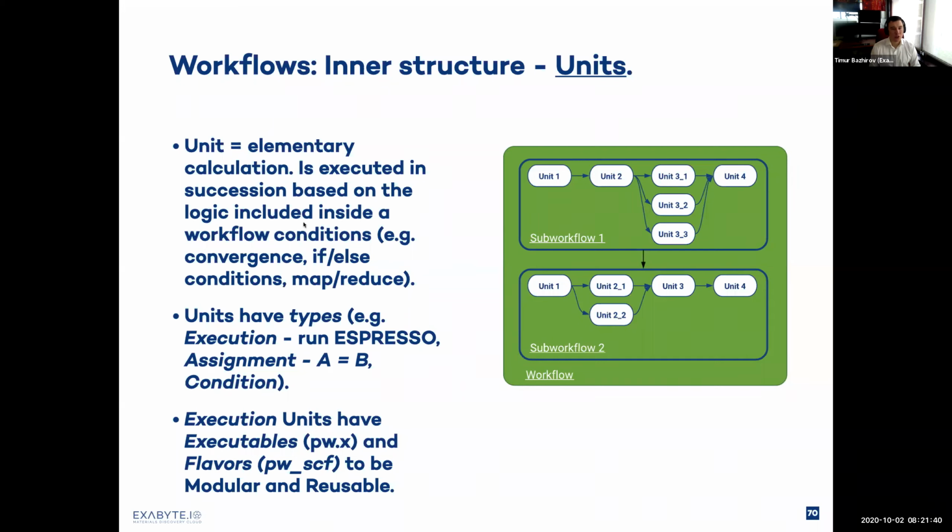They could be conditional units that branch out and can start different logical successions, like a for loop or while loop. We have MapReduce units that allow us to go through multiple different iterations of material structures in parallel. We have assignment units where we can define variables.